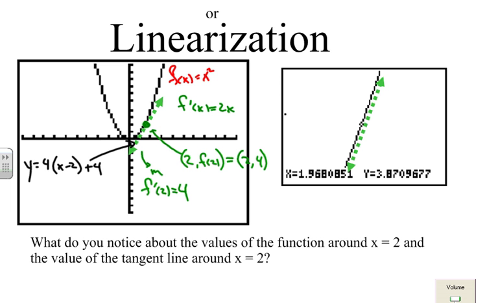Now, from a far distance, as this line increases and gets larger in both directions and stays tangent, you notice that the values I plug into the tangent line are not the same values I plug into x squared, my parabola.